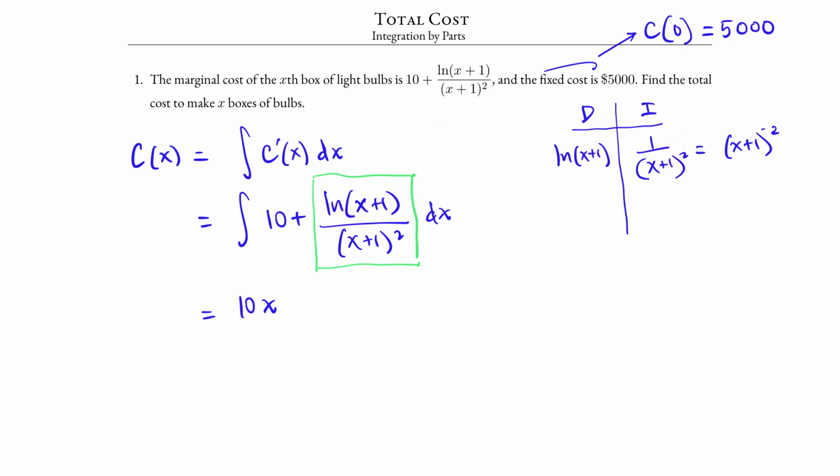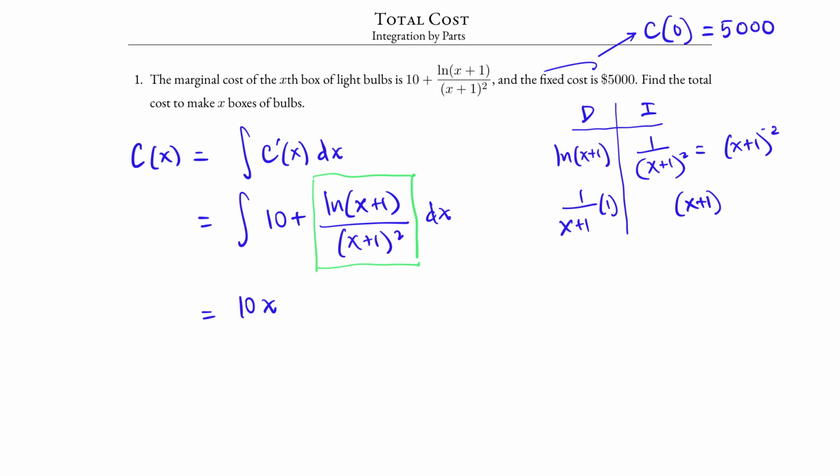If we differentiate ln of x plus 1, we will get 1 over x plus 1 times 1 using the chain rule. And if we were to integrate x plus 1 to the negative 2 power, we will get... remember that we are finding the antiderivative here, so with the power rule for the antiderivative, we would add 1 instead of lower it by 1.